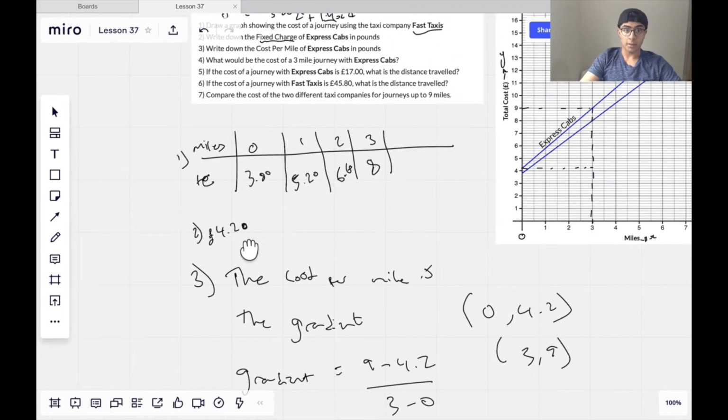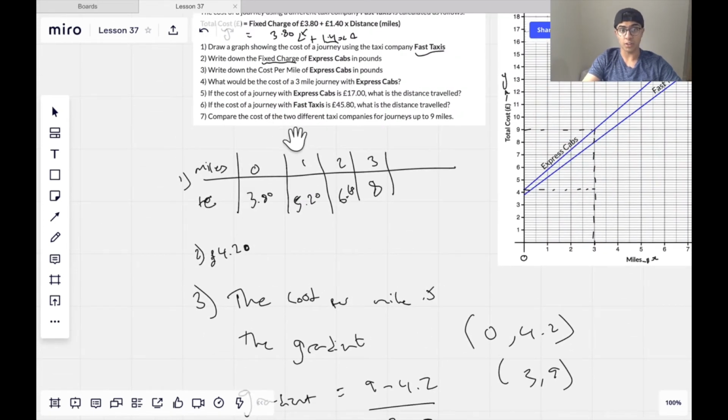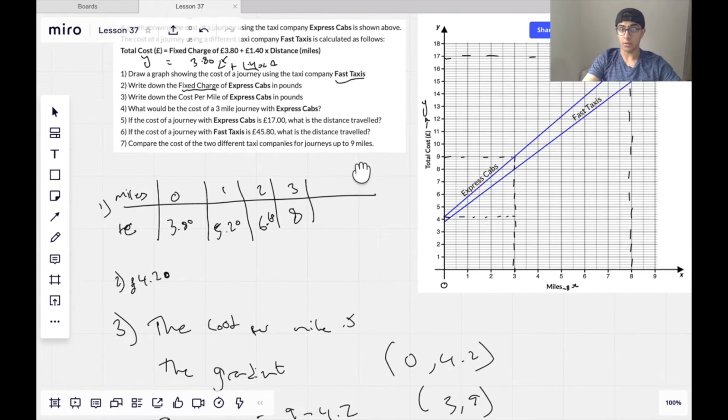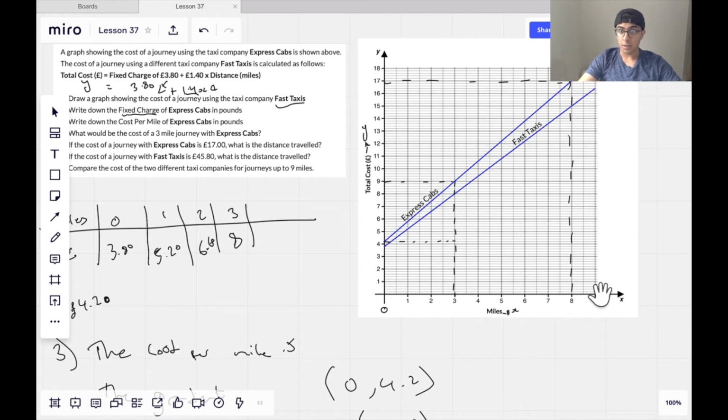Okay, and question 7 is compare the cost of the taxis for the two different companies for journeys up to 9 miles. So look at up to 9 miles, and then we look at express cabs as well. Well, what we can say is that express cabs always cost more than fast taxis for every point along it, as you can see.